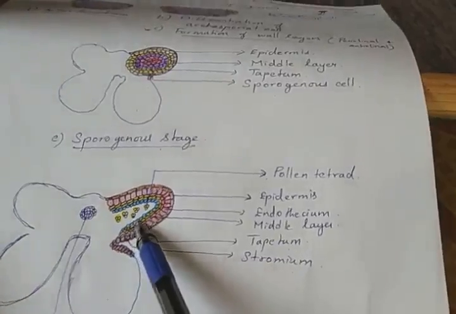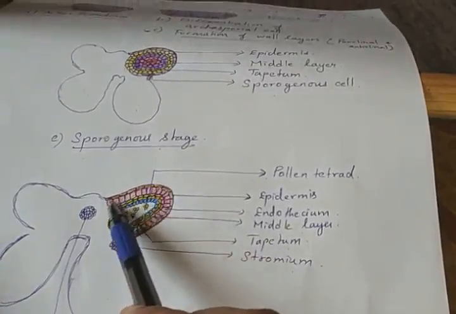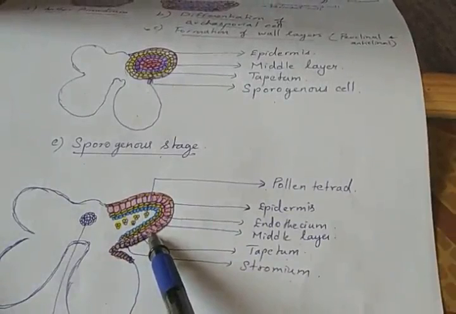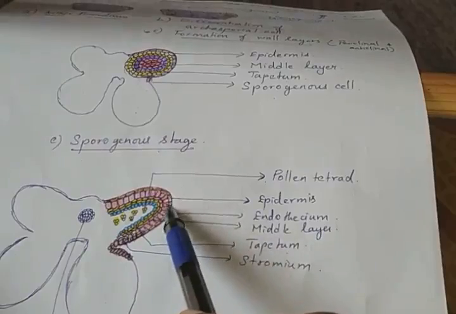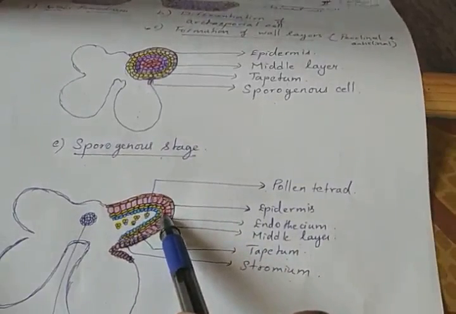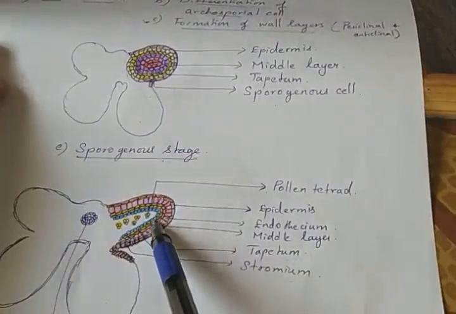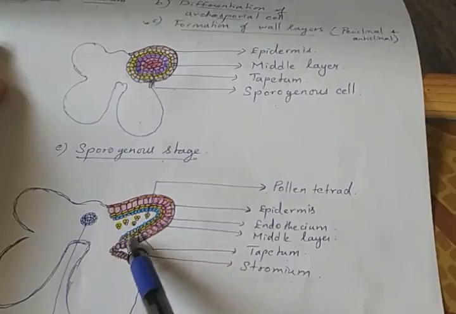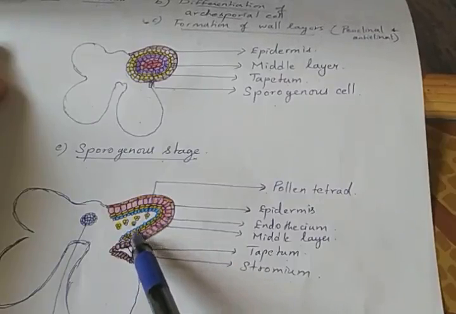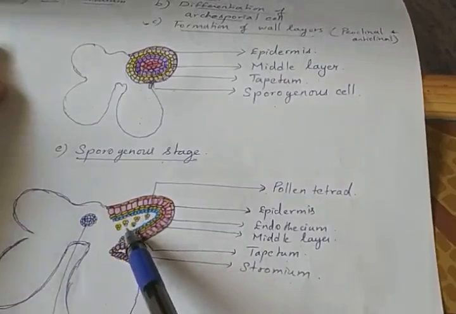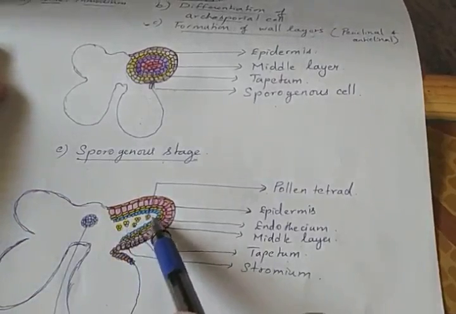Now you can see the clear structure of one lobe of the anther, in which the anther wall is shown clearly. You can see the epidermis, endothecium, middle layer, then the tapetum. The tapetum is the blue layer of cells. Inside you can see the space that we call the locule, and inside the locule you can see the pollen tetrads.